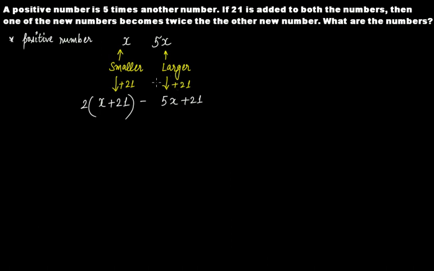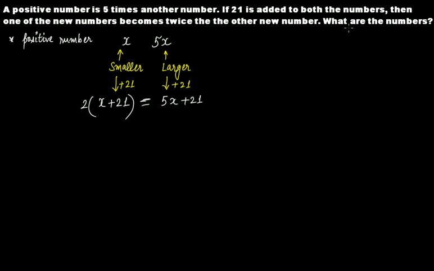So since we have added the same 21 to both these numbers, again this is going to be the larger one. Therefore this will be twice of this one, as it's given here: one of the new numbers becomes twice the other new number. So it is very important to know which one will be the twice of which one. This larger number will be twice of this smaller number.